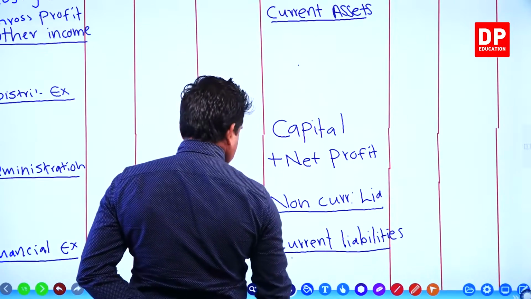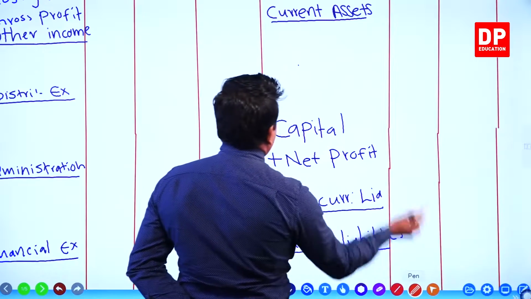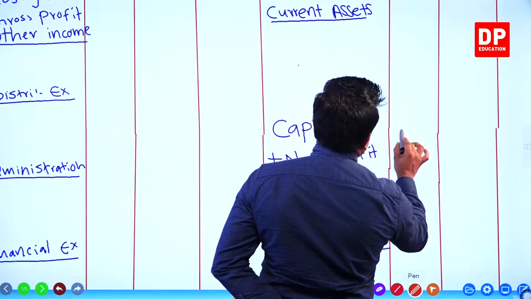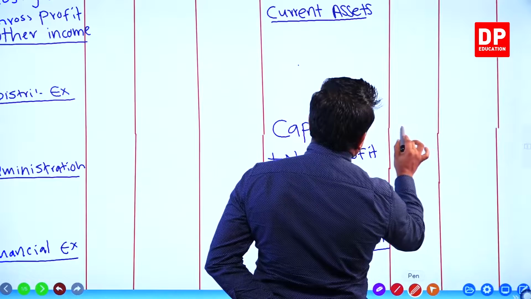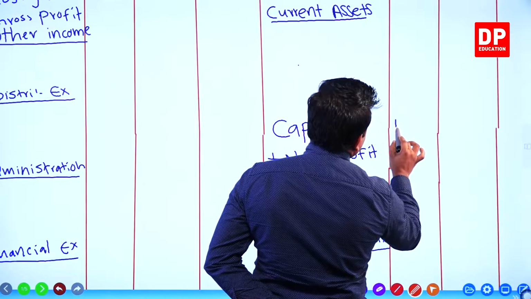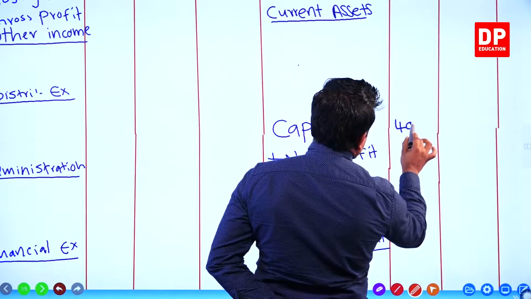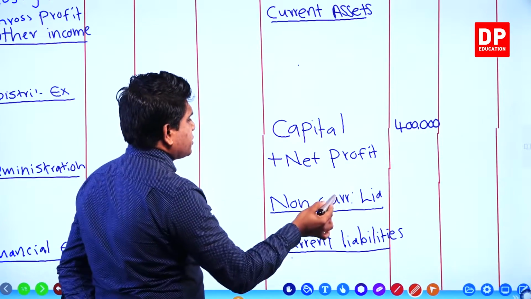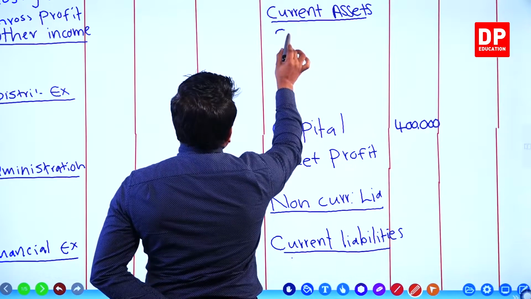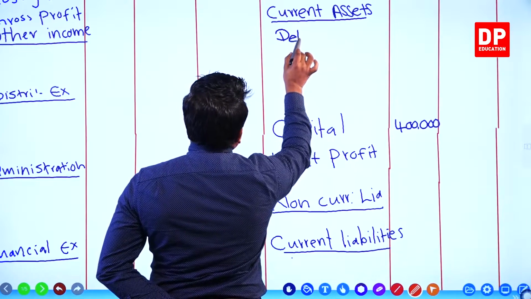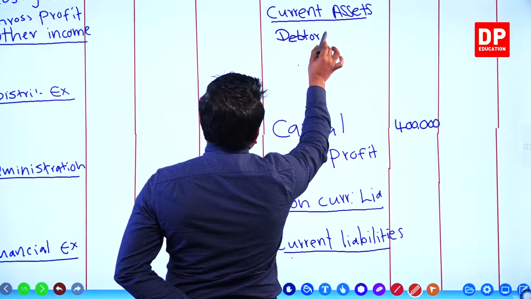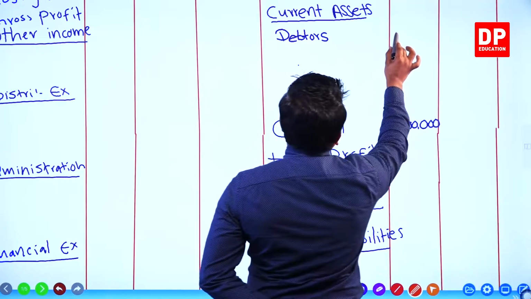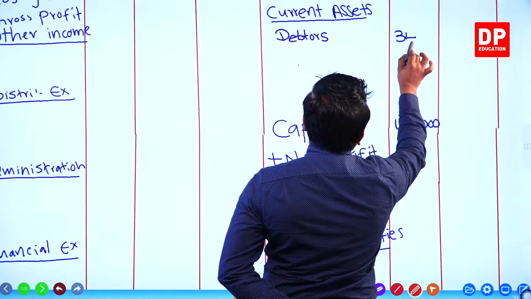Capital 400,000, enter here. Capital you write, then 400,000 you put here. They have given trade debtors. Under the current assets, debtors. How much? 34,000, you enter here.